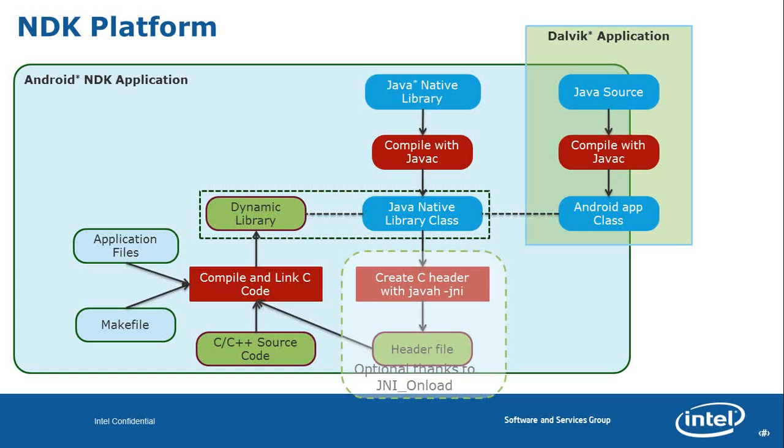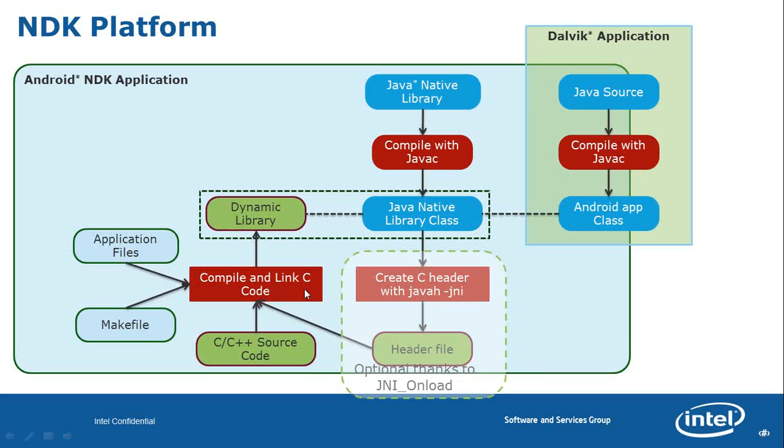All the layers of this Android OS are interfaced through Java classes. For example, you have a header file in the native code. How do you compile it into the dynamic library and link it to your Android platform? You have to link the header file to the actual dynamic library.